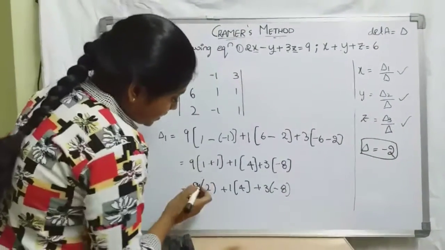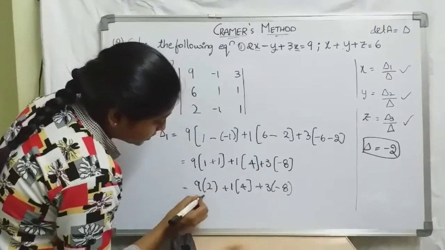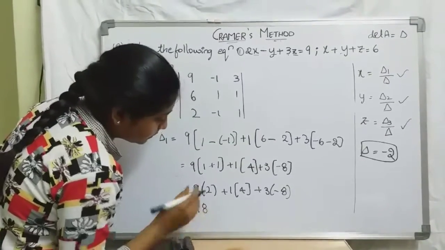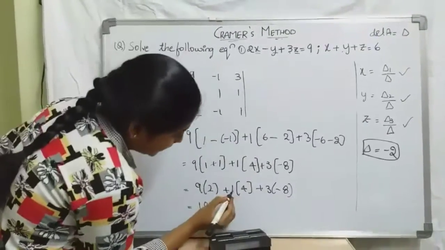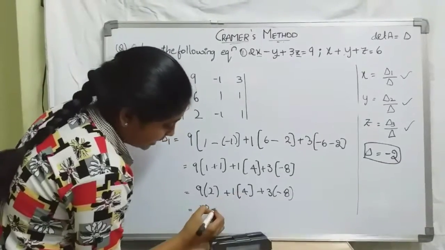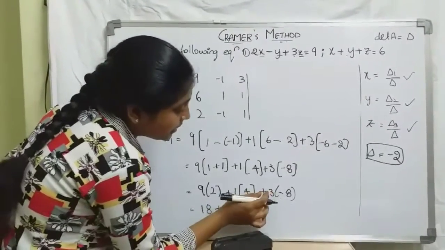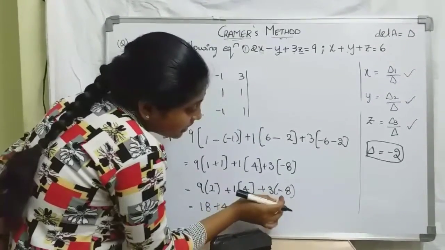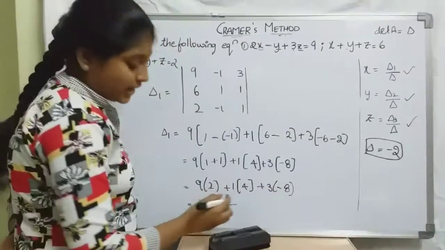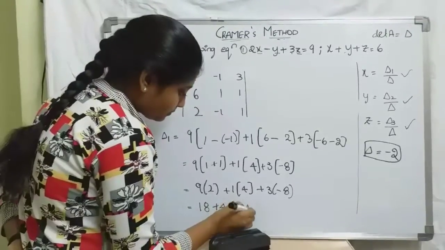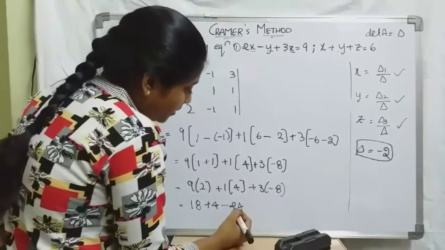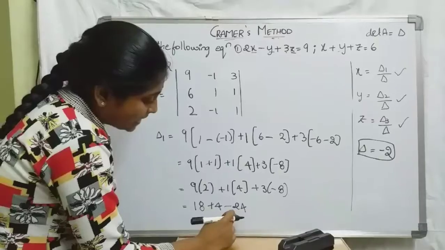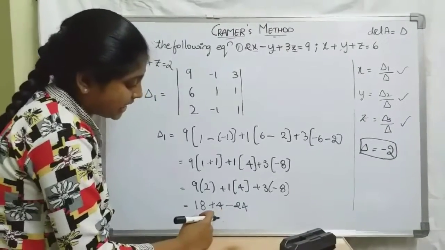Now 9 into 2, 9 twos are 18, 1 into 4 is plus 4, minus into plus is minus, 3 eights are 24, so minus 24 plus 4 plus 18.